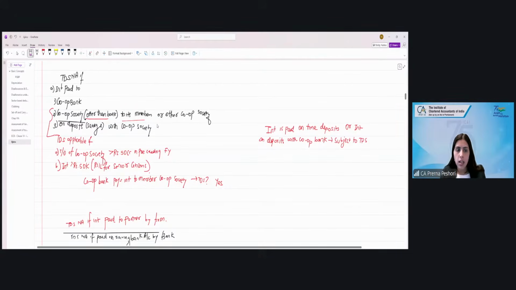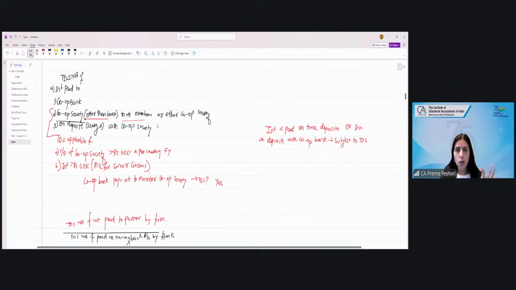What if the cooperative bank pays the interest to a member cooperative society? Whether there will be TDS? Yes. So if a cooperative bank pays to a member cooperative society, it will have to deduct the TDS.